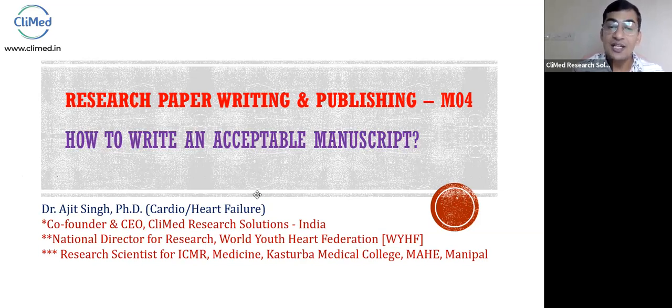Other than that, the important part when I'm talking about the acceptable manuscript is the scientific weightage. Scientific weightage means if you are addressing an issue, it must be addressed in such a way that it is given with those objectives. Like if I'm talking about the economic burden of heart failure in a certain population, I must cover all the parameters which are needed in the healthcare burden, or the health economics, of heart failure.